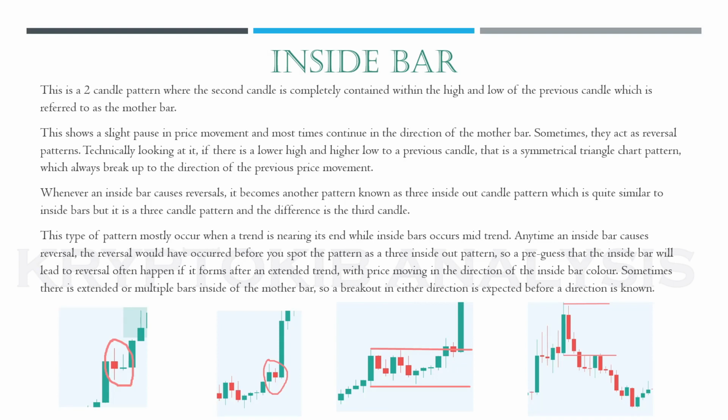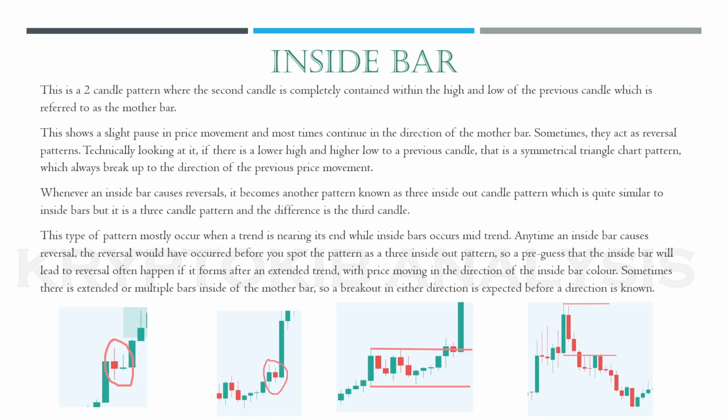This is a 2-candle pattern where the second candle is completely contained within the high and the low of the previous candle, which is referred to as the mother bar. This is like the opposite of the engulfing candle.